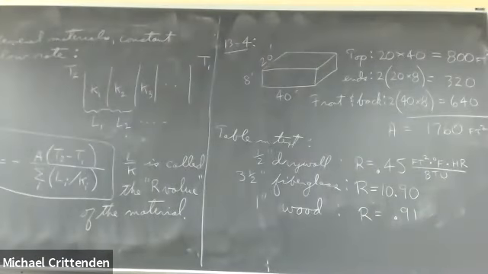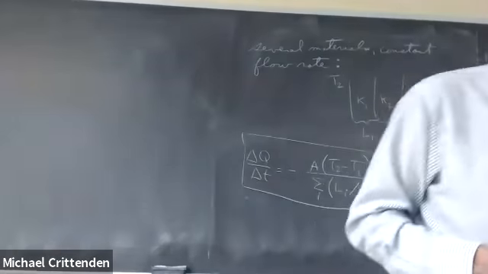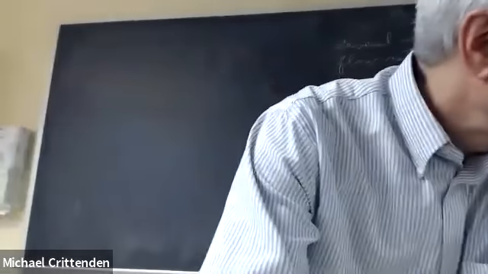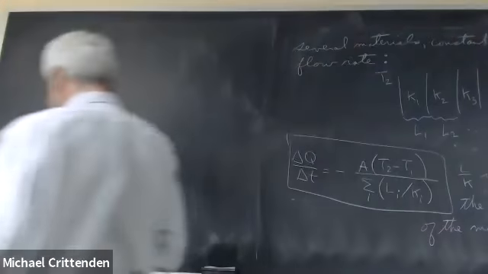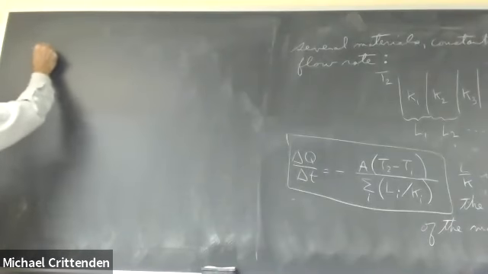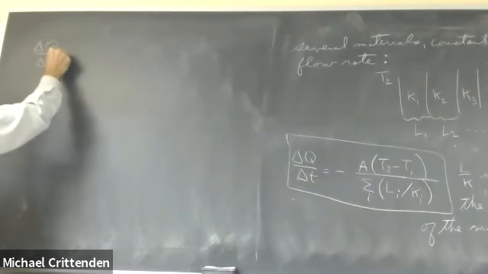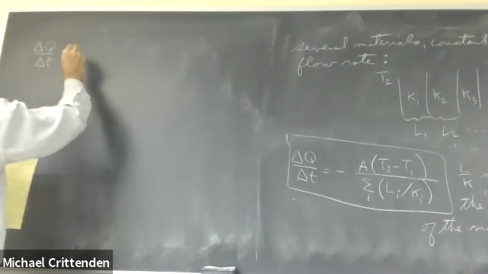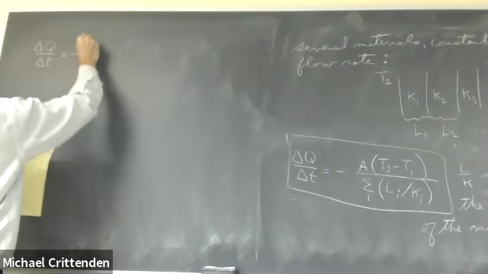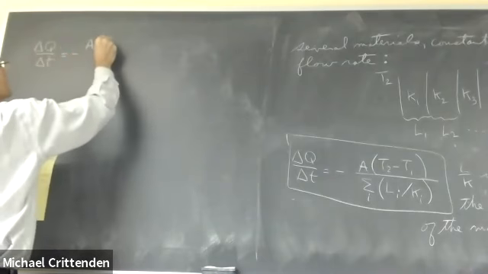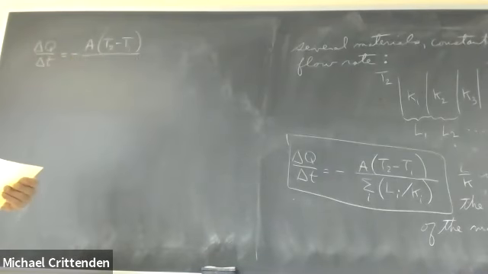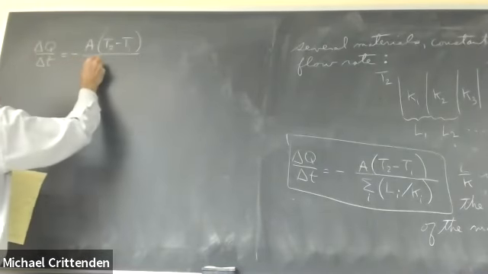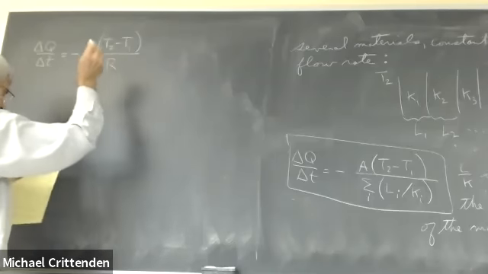So the numbers are all set up and ready to drop into the formula. Formula once again was the area times the difference in temperature between the inside and the outside over the summation of the R values.